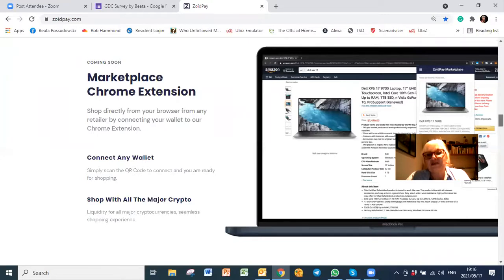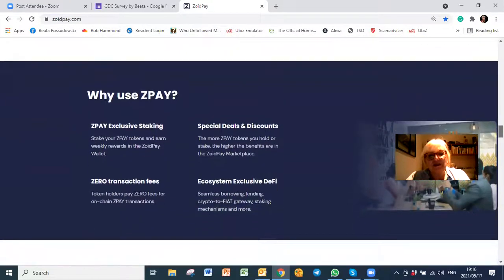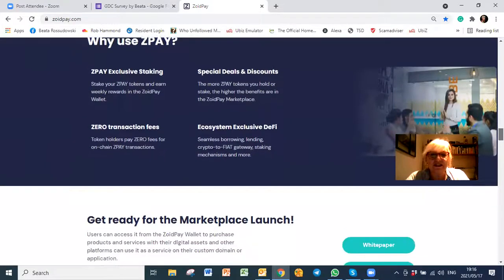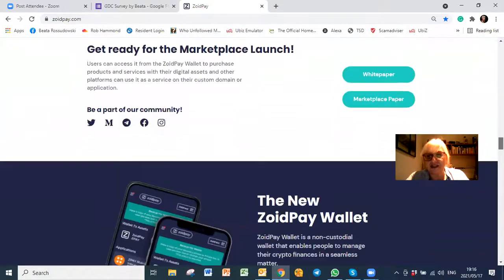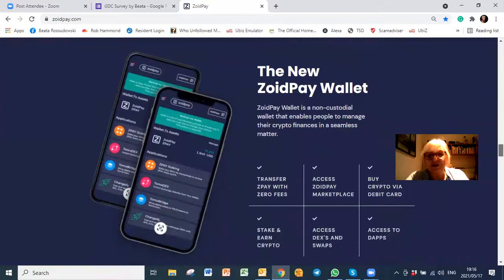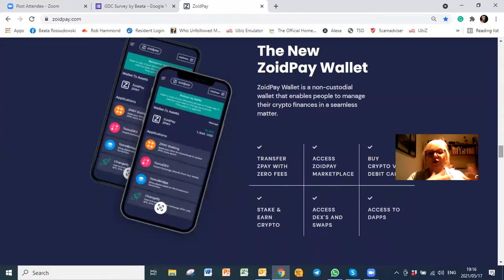So really right now, what the guys are doing is just making sure that they're on the last stretch of combining the dashboard and the ZoidPay wallet for us to start trading.